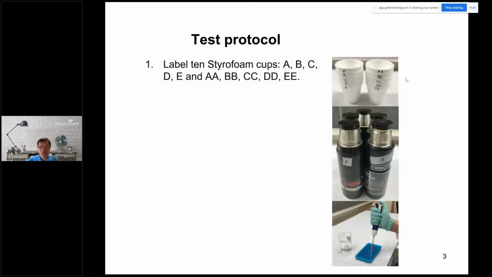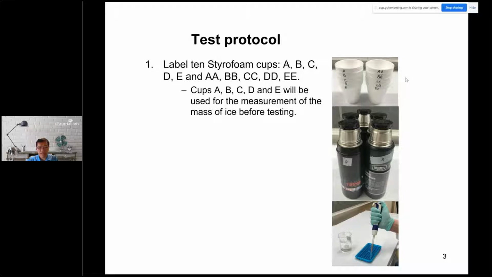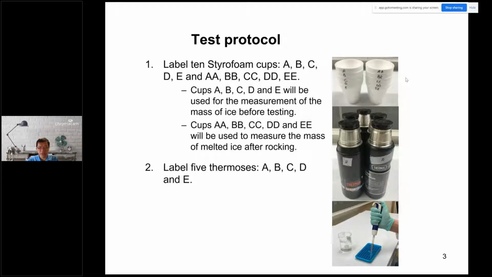As you can see, we started with two groups of cups. Each group consists of 5 cups because we are trying to do 5 replicates. And then you also end up with the numbers, 5 of them again.